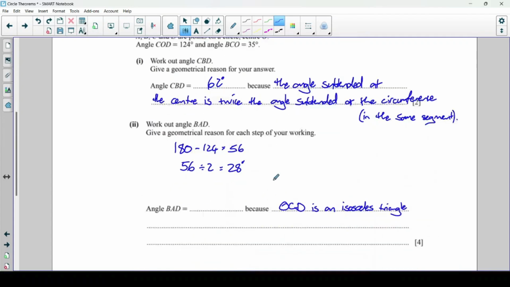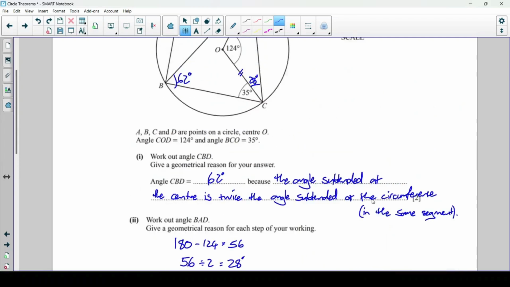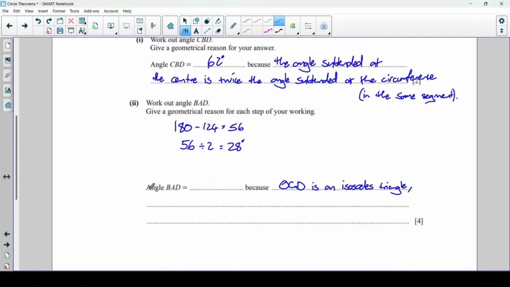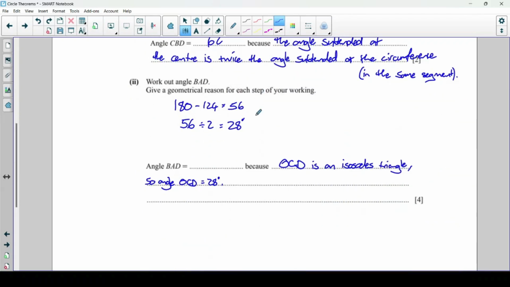Let's fill in our step working out. OCD is an isosceles triangle, so this angle here, angle OCD, equals 28 degrees. I've put my working out for it up there, otherwise I'd need to write it in somewhere here, I think. Then I'm going to do 28 add 35.